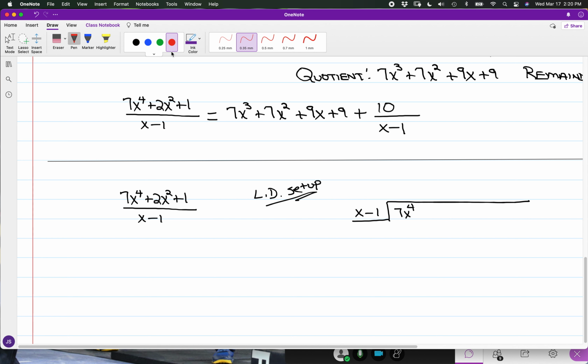And again, we had with the formation of zero placeholders, signifying that we had the exclusion of third order and first order terms in x in the dividend. Okay. All right, so this is your long division setup.